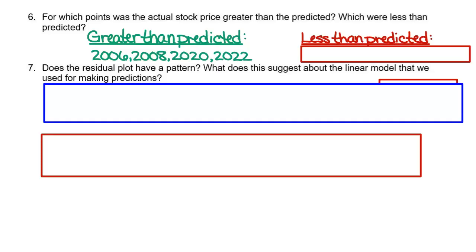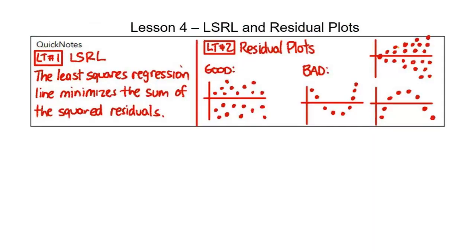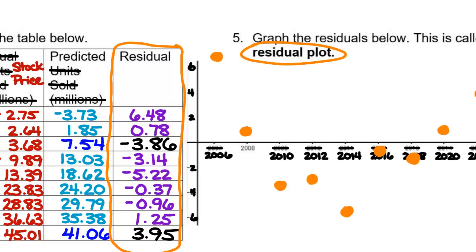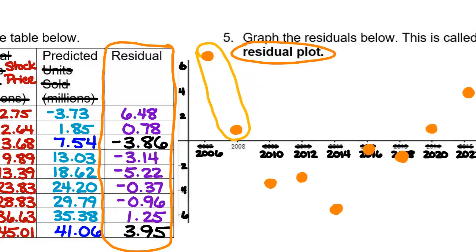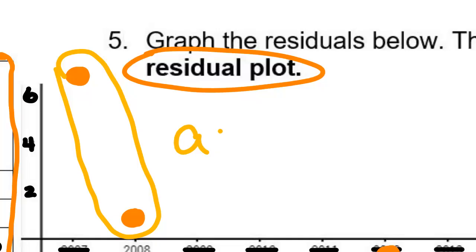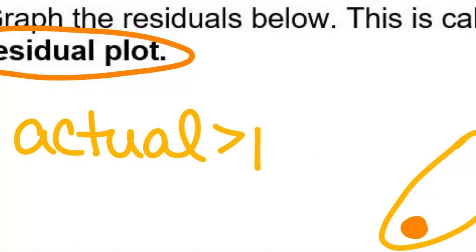So basically, the actual is greater than the predicted. Where on this graph? Like, how can I tell just by glancing at this graph where the actual is greater than the predicted? Yep, where it's above the x-axis. These ones here and these ones here. My actual is greater than my predicted.